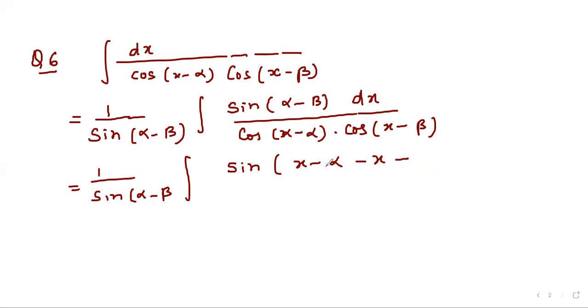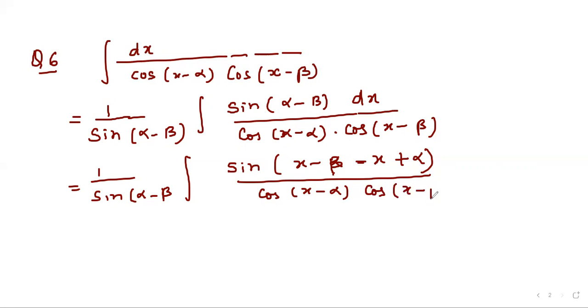So here it is x minus beta minus x plus alpha, because x was not present, so x must cancel out, and beta is negative and alpha is positive, divided by cos x minus alpha times cos x minus beta and dx.